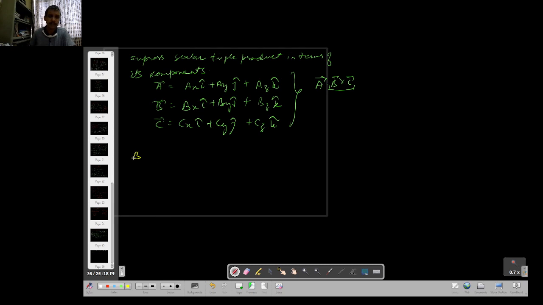So this B cross C can be written as the determinant with rows i cap, j cap, k cap; bx, by, bz; cx, cy and cz.